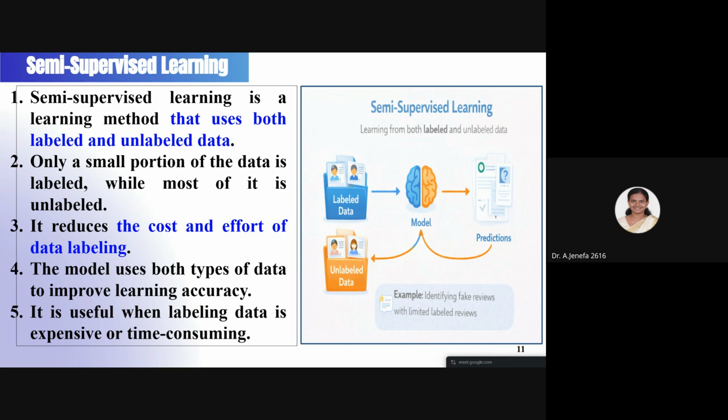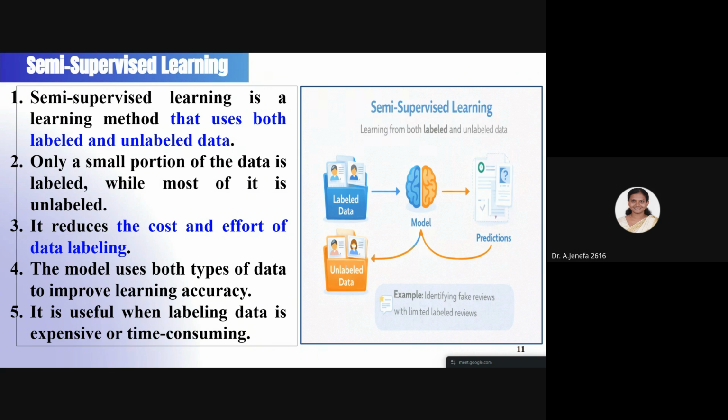Without any prior knowledge, if we are doing the clustering or grouping of similar data sets, then that kind of learning model is called unsupervised learning. Then what about semi-supervised learning? It is in between supervised and unsupervised learning.